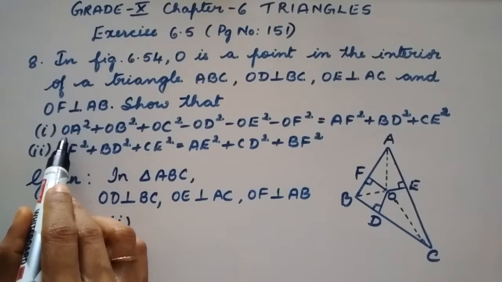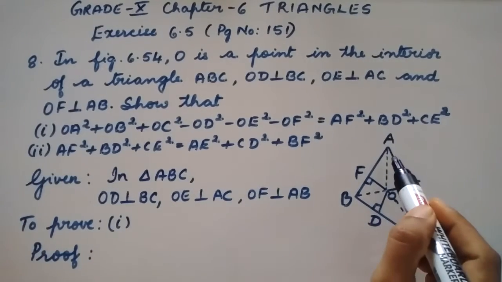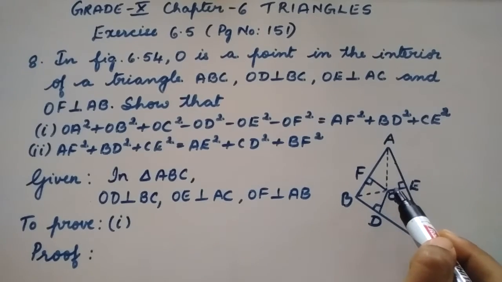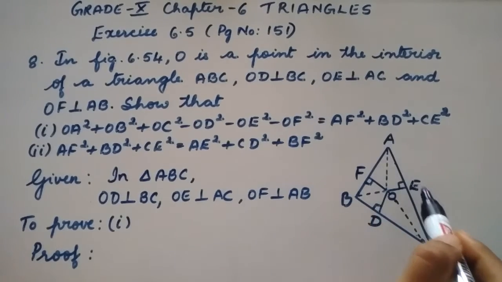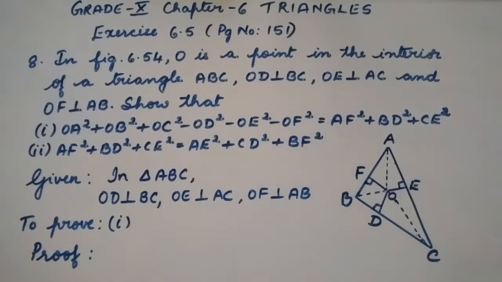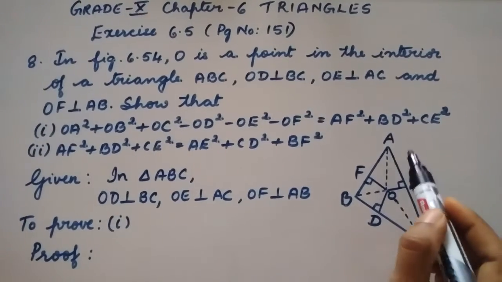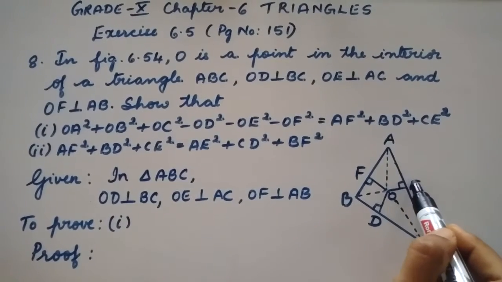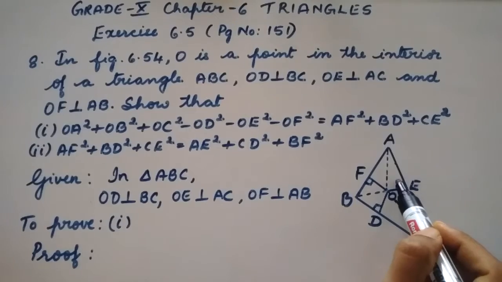So we find OA in triangle OAE as well as in triangle AFO, isn't it? Yes. So in triangle AOE, we have angle E 90 degree.